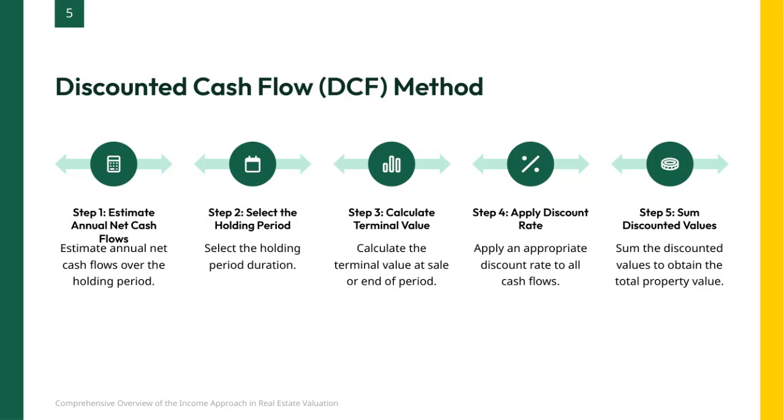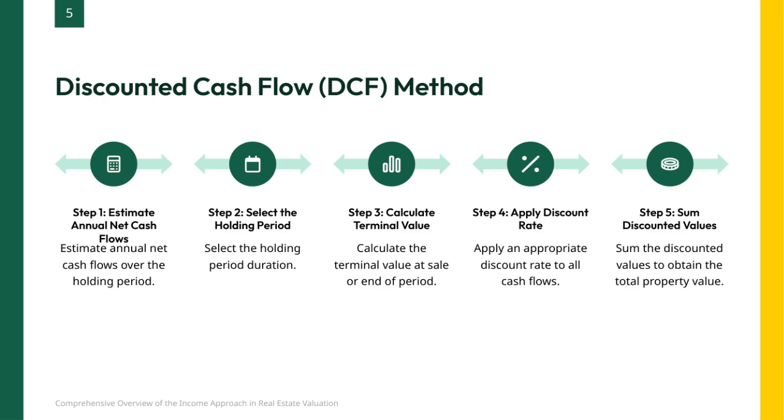The discounted cash flow method involves several key steps to determine the value of a property. First, we estimate the annual net cash flows throughout the holding period, which means predicting the income minus expenses each year. Next, we decide on the length of the holding period, how long we plan to keep the property. Then, we calculate the terminal value, which reflects the property's estimated worth at the time of sale or the end of that period.